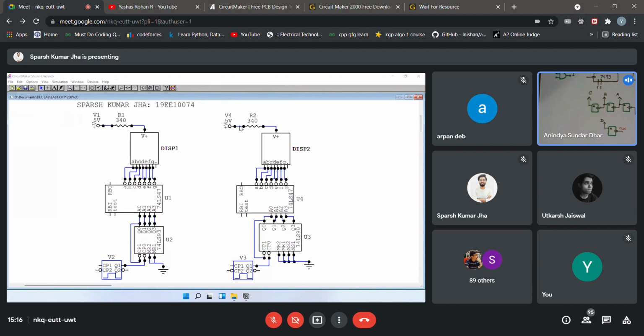So they do not require a full-fledged 4-bit counter, and they do not need to unnecessarily waste power. They can keep the clock connected to ground, so there will be no change in the state of the clock or the output. They can use it as a 3-bit counter without involving the 4th one. That is the motivation behind this.